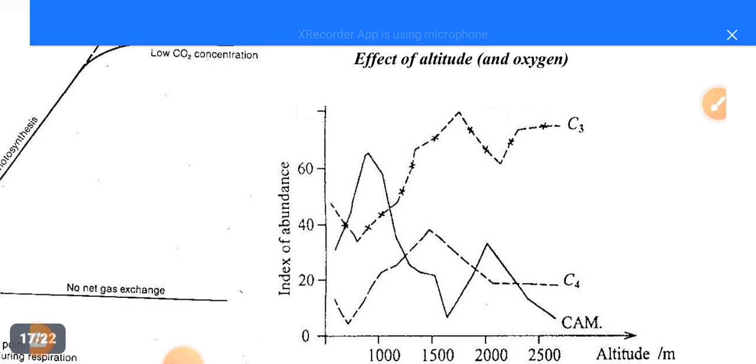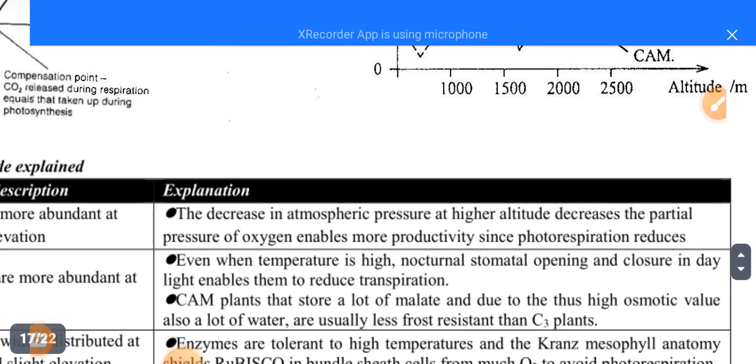The C4 plants are widely distributed at low altitude and slight elevation. The reason is that enzymes of C4 plants are tolerant to high temperatures, and the Kranz mesophyll anatomy shields the rubisco in bundle sheath cells from much oxygen to avoid photorespiration.